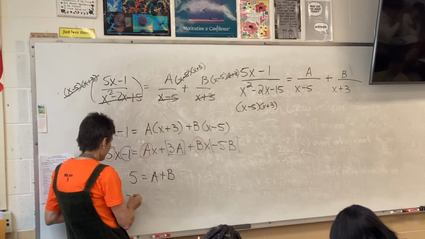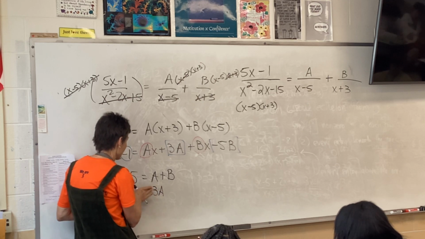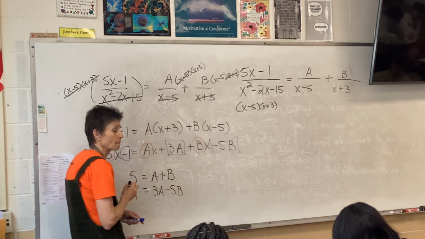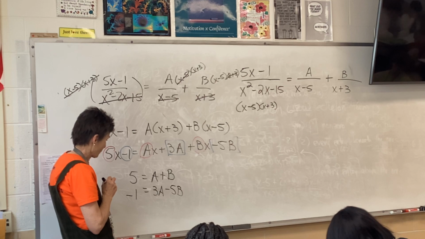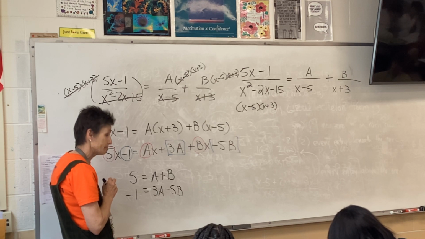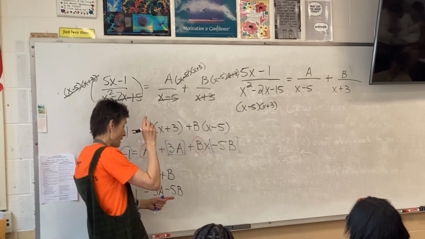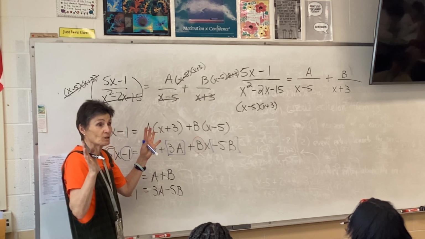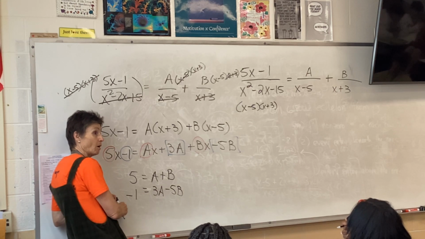So -1 has to equal 3A minus 5B. What do I do with that? Substitute, or eliminate, or Cramer's rule, whatever flips your switch, folks. Somehow you gotta figure out what A and B are.